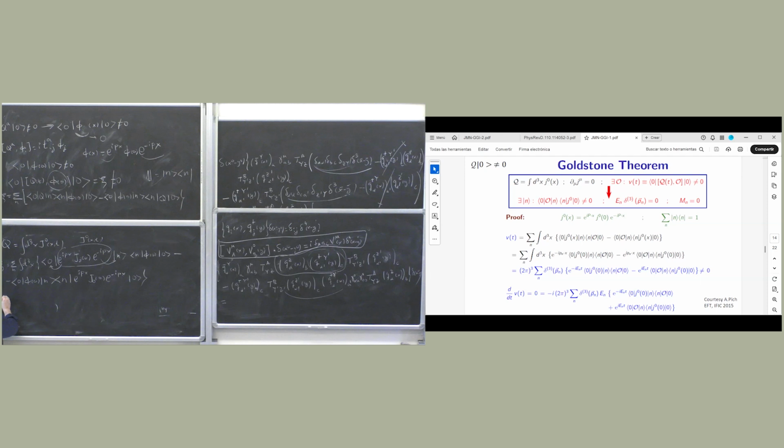So then this thing is going to be the sum over n, d3x, then vacuum J0 of 0 n, then e to the minus i p_n x, then n phi 0 vacuum, minus vacuum phi at 0 n, e to the i p_n x, n J0 of 0 vacuum.